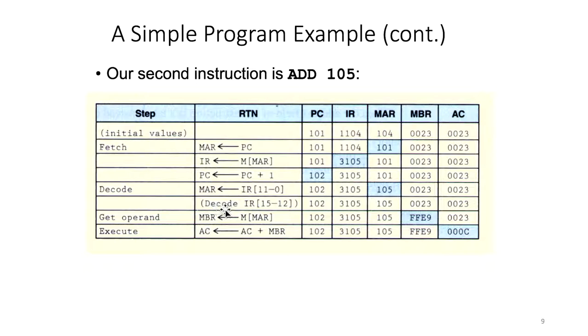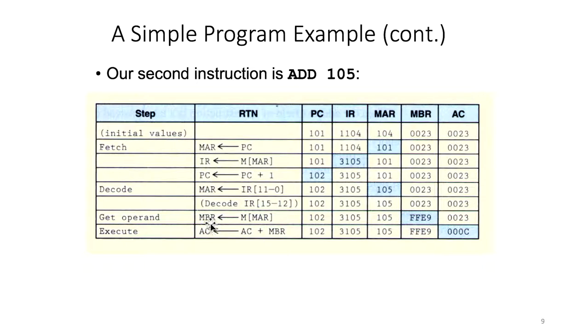Next, it will decode the instruction by looking at the value of bits 12 to 15 in the instruction register right here. You can see that the value is equal to 3. So it knows that this instruction says we will perform the addition operation, and the addition operation requires getting an operand.